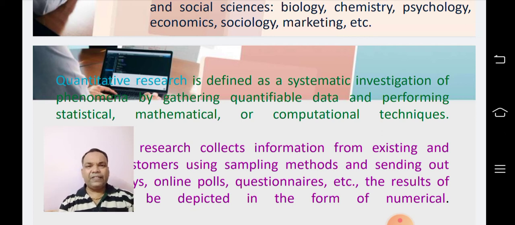So it is a specific type of investigation, and in it, statistical, mathematical, computational techniques are adopted for the collection of quantifiable data and for the analysis of the data.